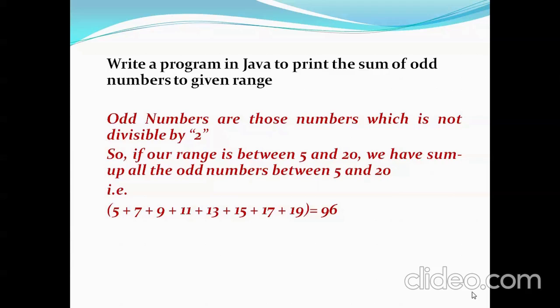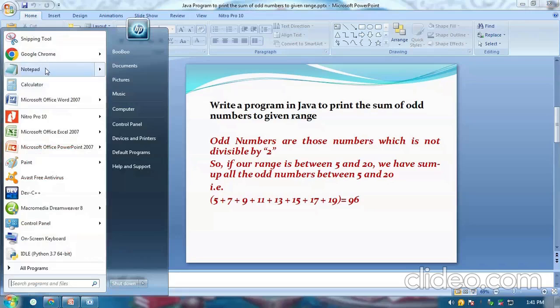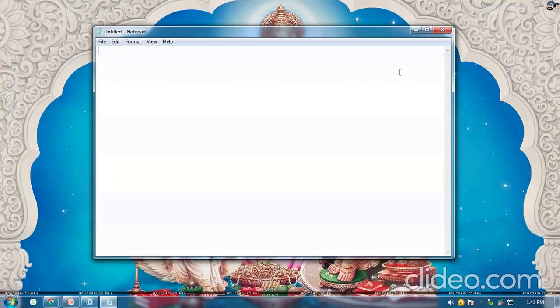So for that, we are going to start the Java program. Open Notepad. Since we are using the Scanner class, we will import the package: import java.util.*; and write the class: public class.